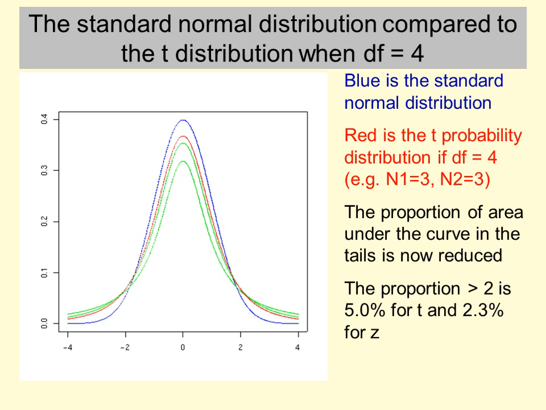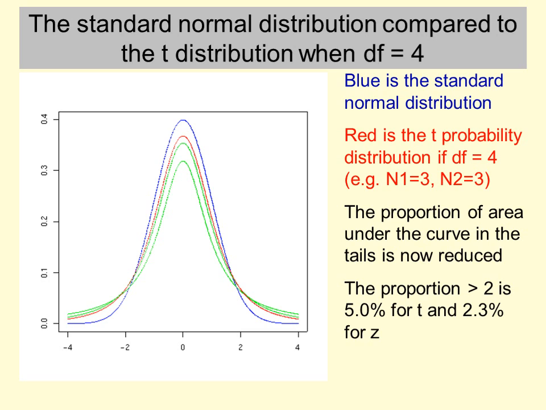Okay, let's look at the example where degrees of freedom are 4. Blue is still the standard normal distribution. Green are the curves for degrees of freedom 2 and 3. Red is the curve for degrees of freedom 4, which is what you could get if you had, for example, sample sizes of 3 in both experimental conditions.